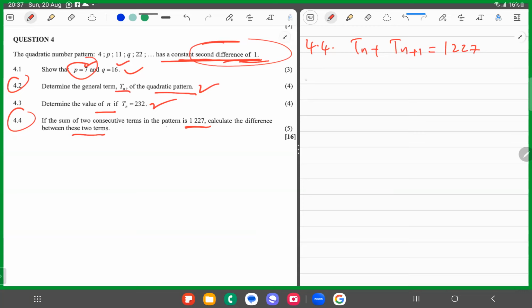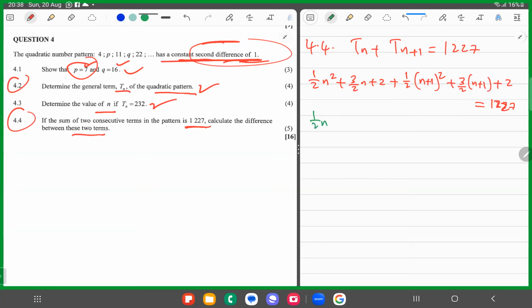What is Tn? Tn is half n squared plus 3/2n plus 2, plus you add this one, which is half into n plus 1 squared plus 3/2 into n plus 1 plus 2, and this result is 1227. So now you multiply everything out.